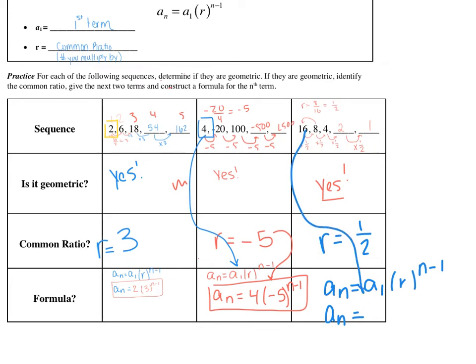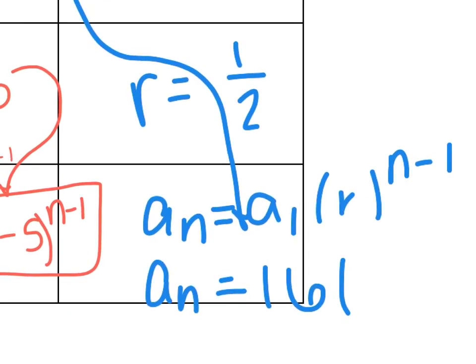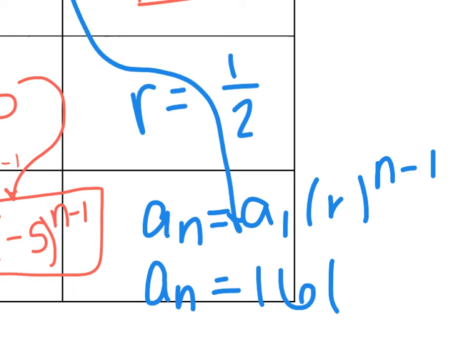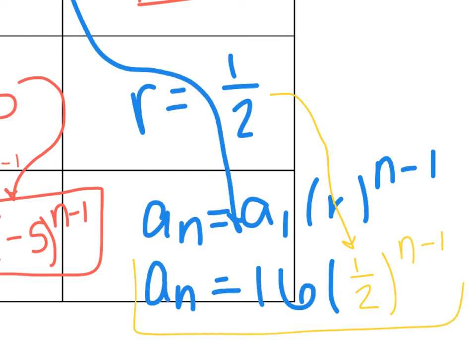So you better start with a 16 down here. I ask myself what my common ratio was. And if we look at that previous example, it was a 1/2. And now I raise it to the n minus 1. This is your final answer.